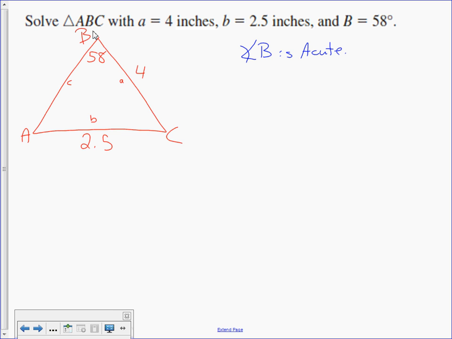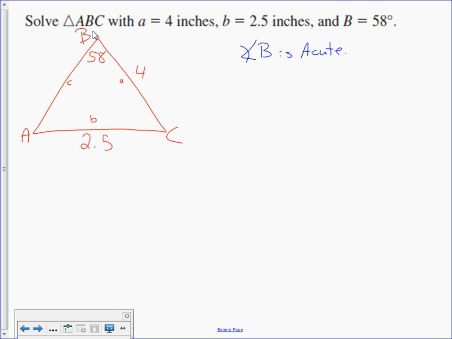Now, it being acute, there are 4 scenarios that could possibly happen. Does it matter which one you check first? No, but just pick the first one.